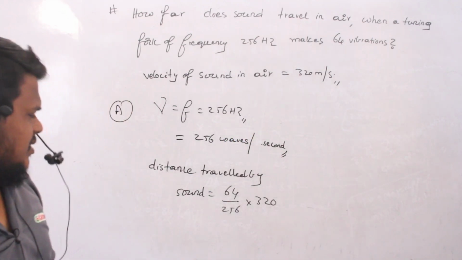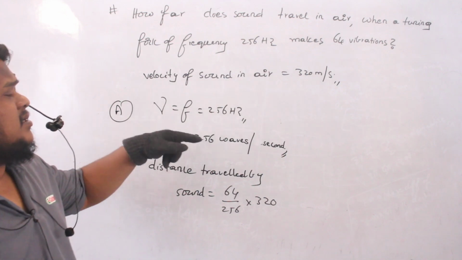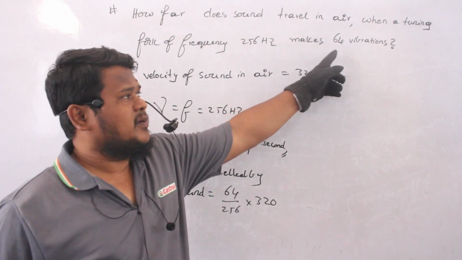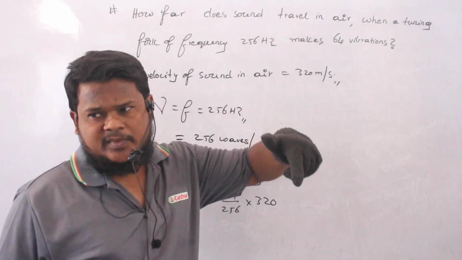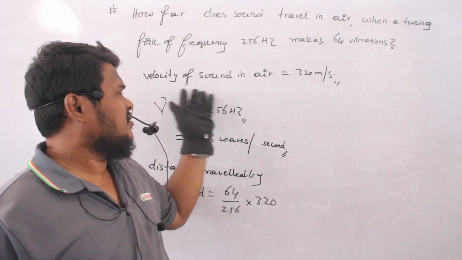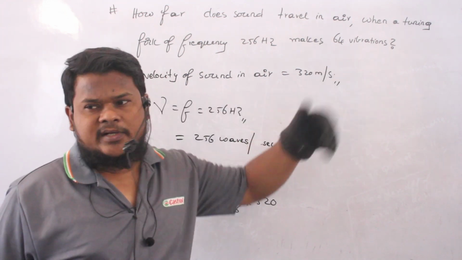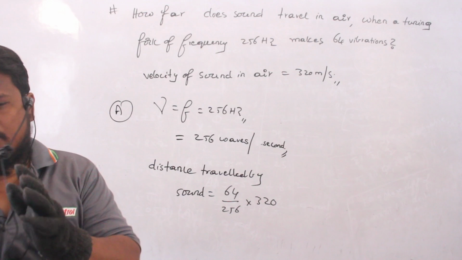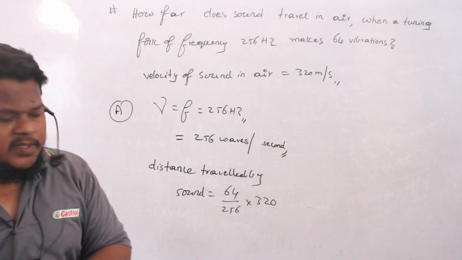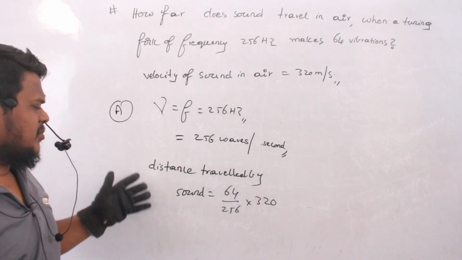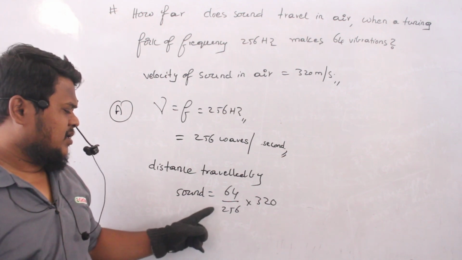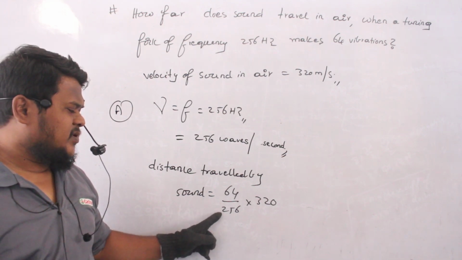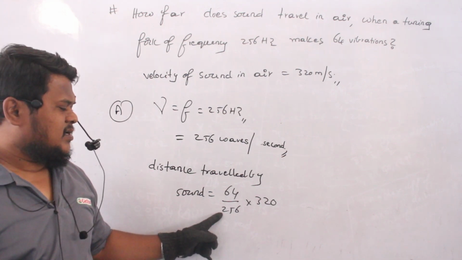So therefore, by the time it completes 256 waves, sound should travel a distance of 320 meters. But we are supposed to calculate only after 64 vibrations. So in 64 vibrations, sound cannot travel 320 meters, no? Because it can travel 320 meters only if it completes 256 vibrations. So in just 64 vibrations, how can I do it?